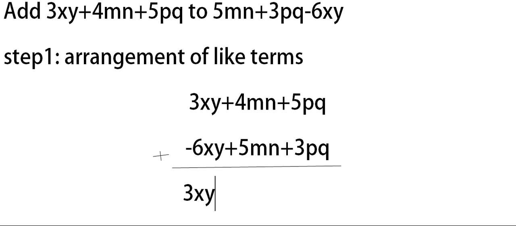Plus minus is always minus, so you subtract 3 from 6 and you get 3. But you will have to put the proper sign. How will I know what sign to place? The sign will always be of the bigger number. In this case, the bigger number is 6 and 6 has a minus sign. So this whole thing will have a minus sign in front of it.